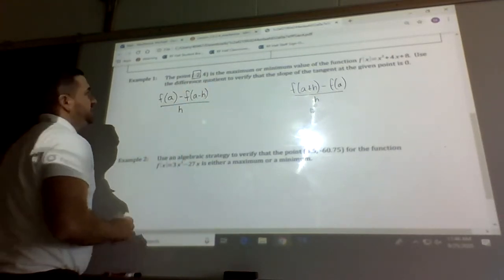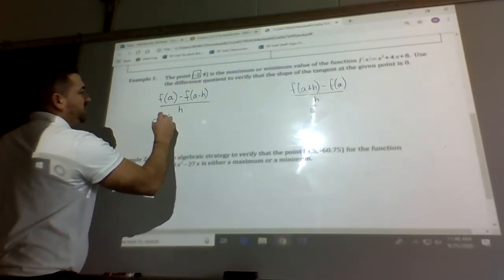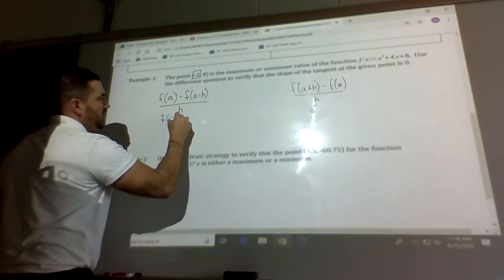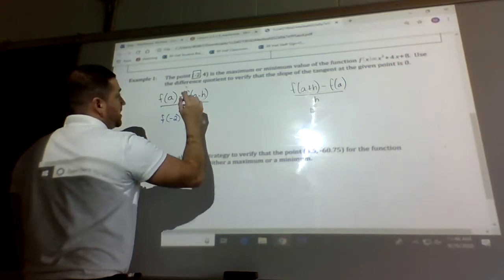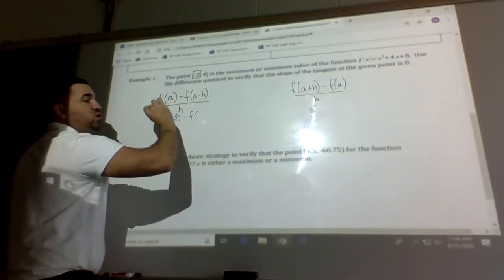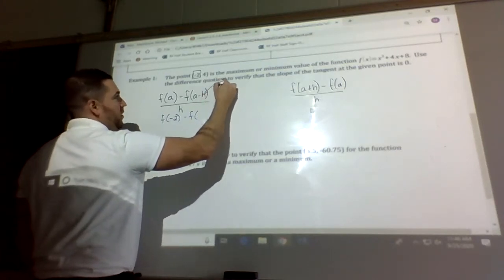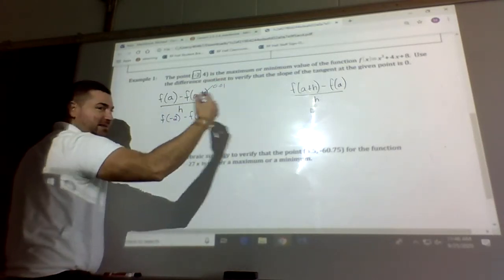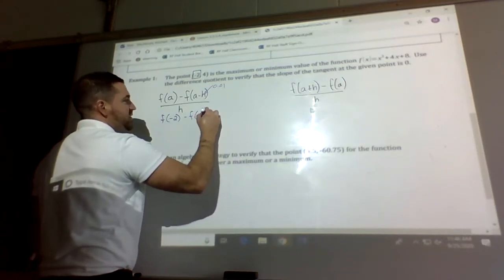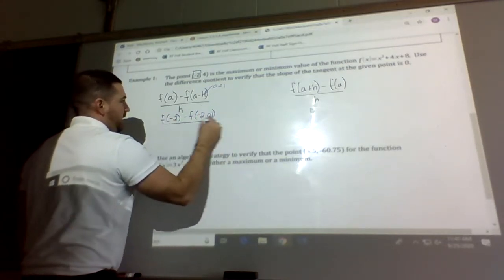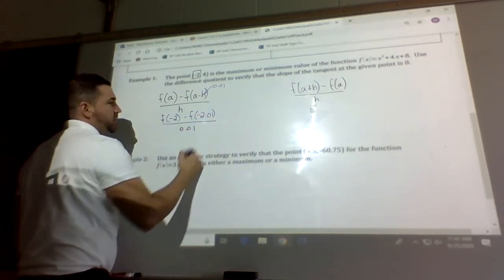So f at, I'm just going to write the extra step here. So f at -2, subtract f at, so be careful here. -2 minus 0.01. Remember, h is 0.01. So -2 minus 0.01 is actually -2.01, all over 0.01.